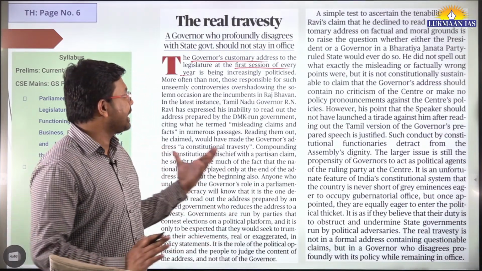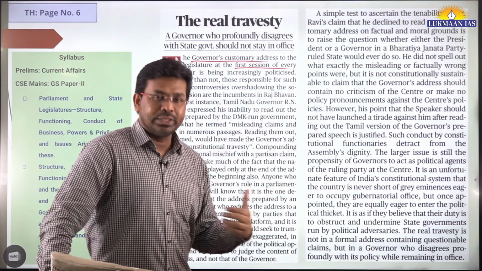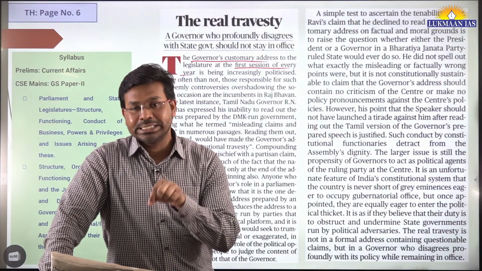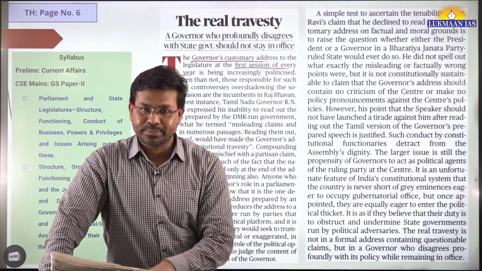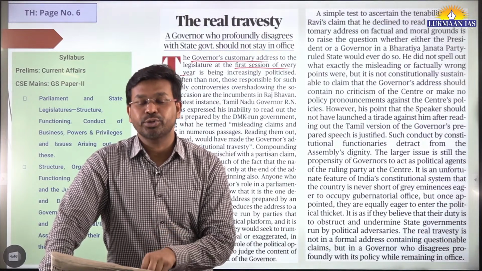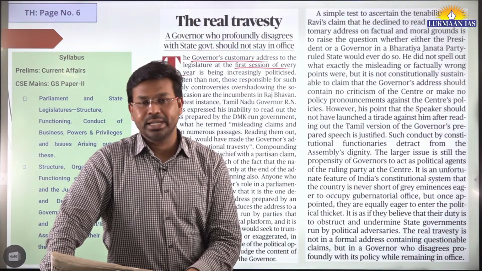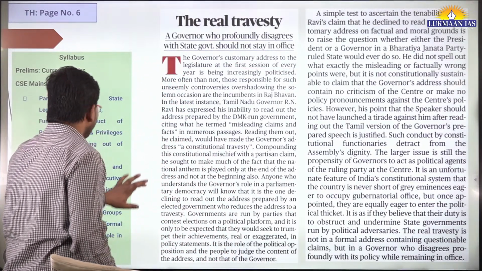So in this article, basically a lot of questions have been asked without answer, and at the same time they have said that the governor is expected to work impartially. The governor is expected to fulfill his constitutional obligation by being on the post of the governor. So this is the thing. With this, let us now quickly move to another article.